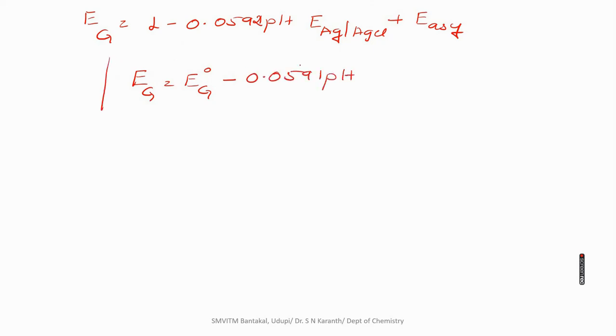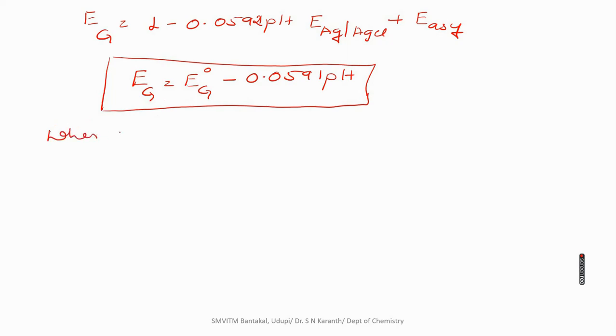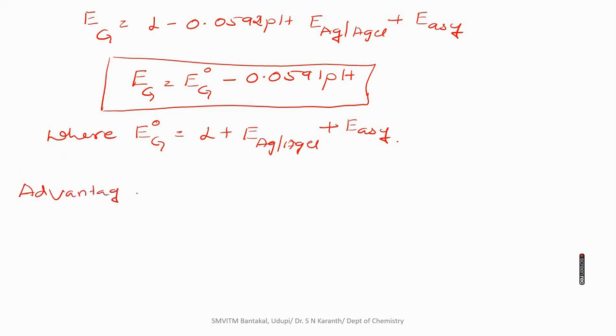And what is E naught G? Where E naught G is the sum of the constant terms L plus E Ag/AgCl plus E asymmetry. Okay, in this way we can predict the electrode potential of a glass electrode. So the glass electrode potential is EG equal to E naught G minus 0.0591 pH.